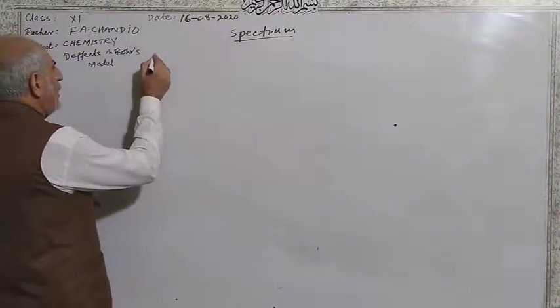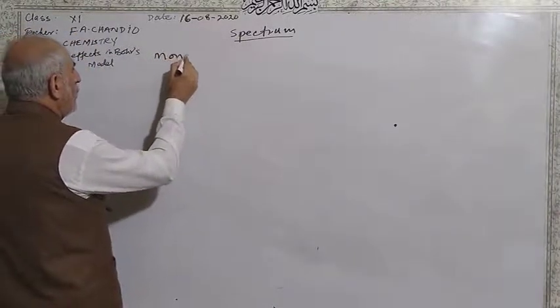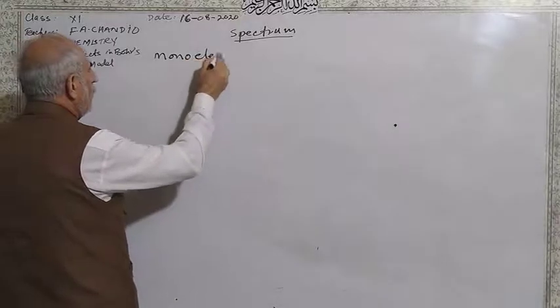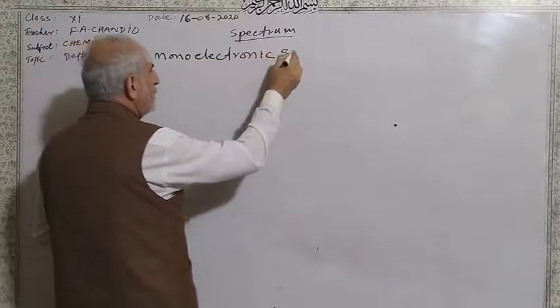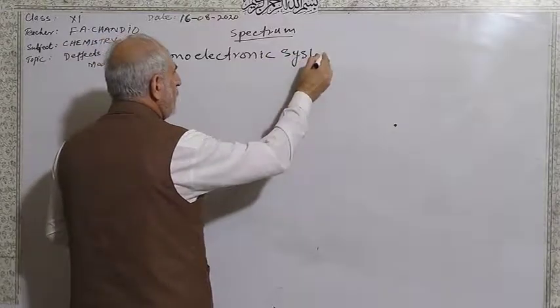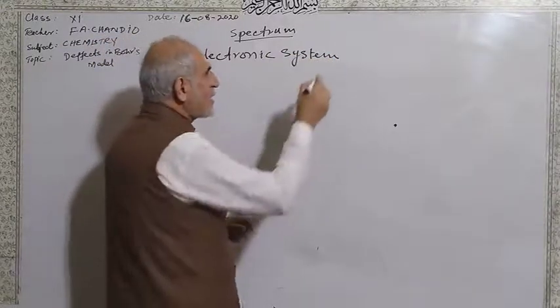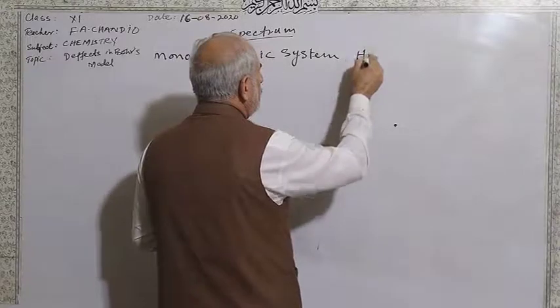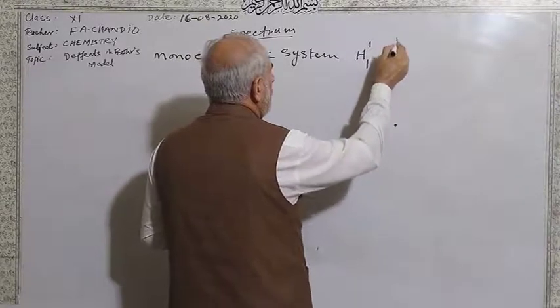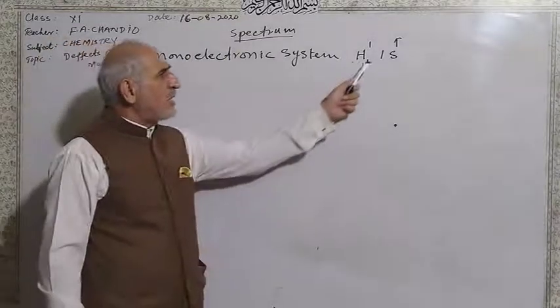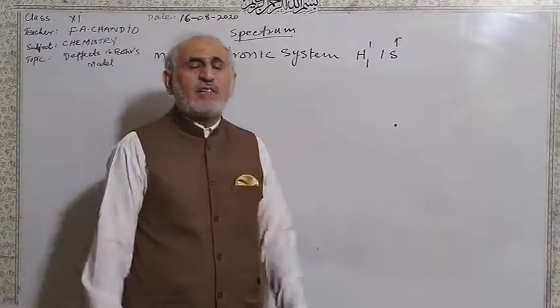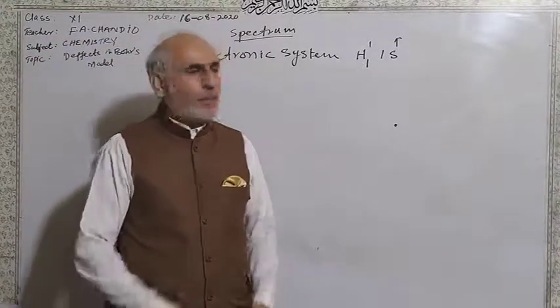One is called a mono-electronic system. Mono-electronic system means hydrogen. Hydrogen has atomic number 1, so it has one electron. This is a mono-electronic system.